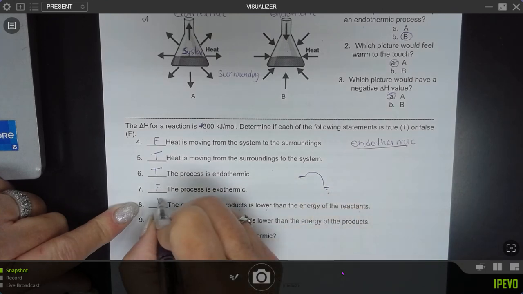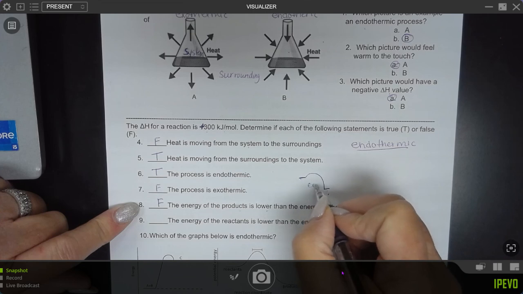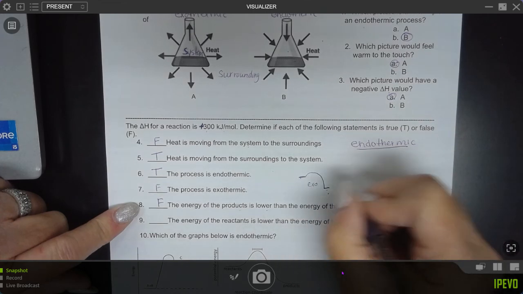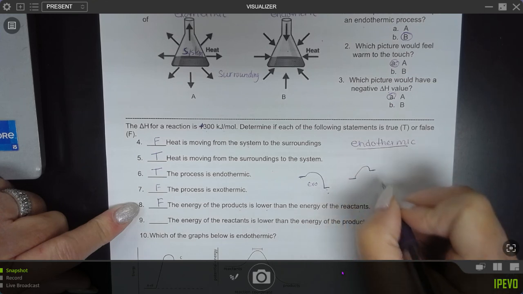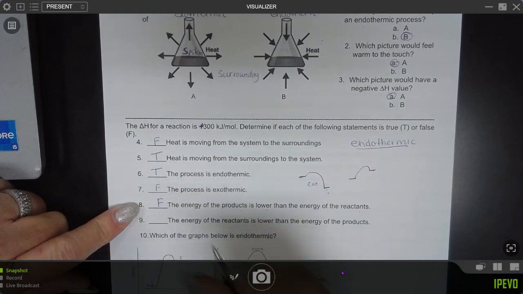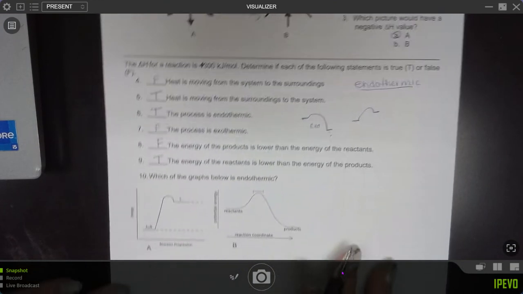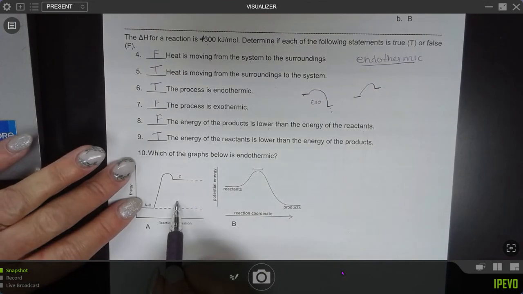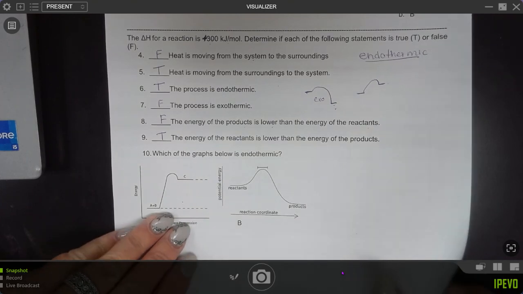So that's false, because that's an exothermic graph. If we had the graph where the reactants are at lower energy than the products, that would be an endothermic graph. Which of the graphs below is endothermic? A is endothermic because the products are above the reactants in energy.